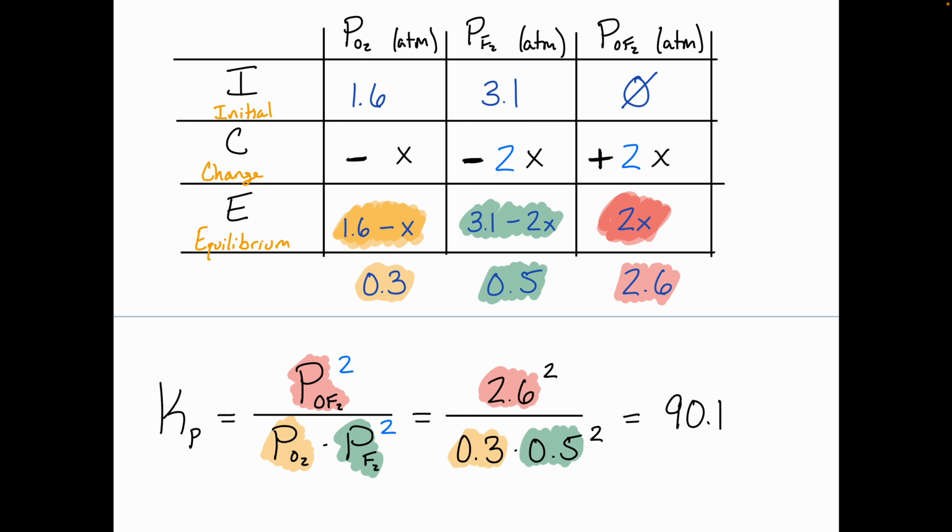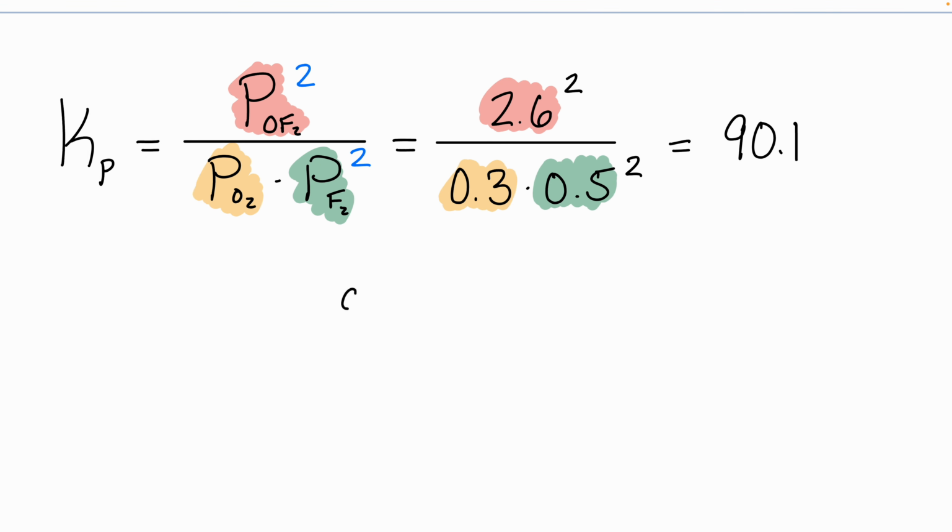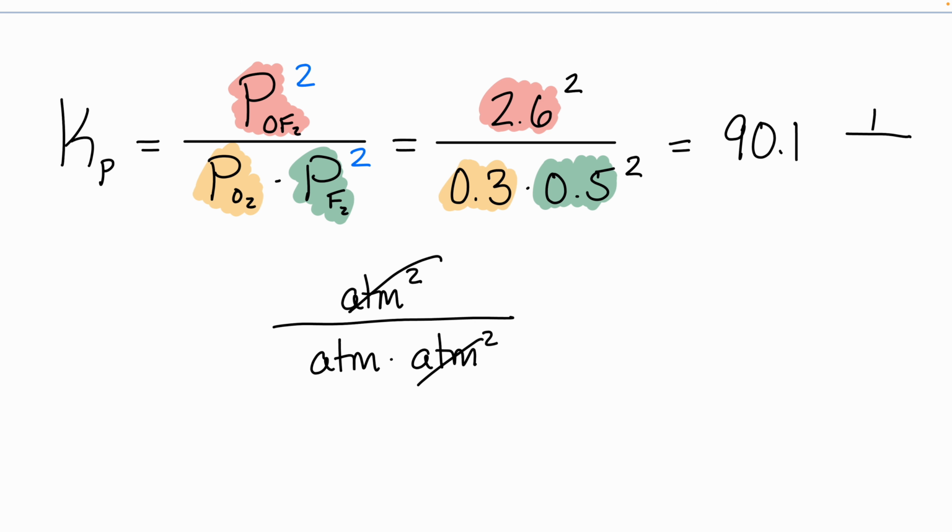What should my units be? So atm squared divided by atm times atm squared. I'll be left with inverse atms, 1 over atm.